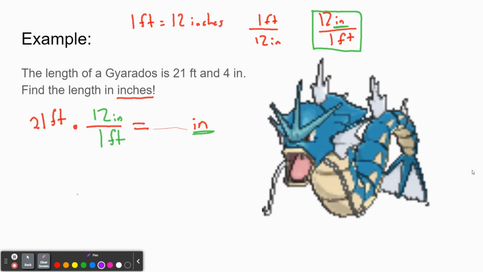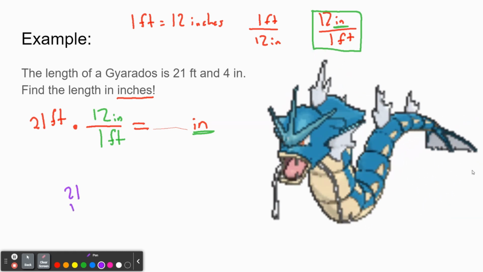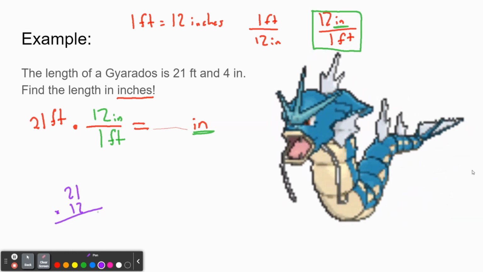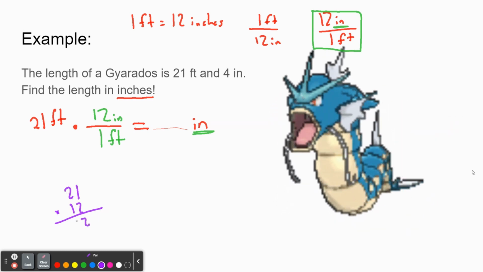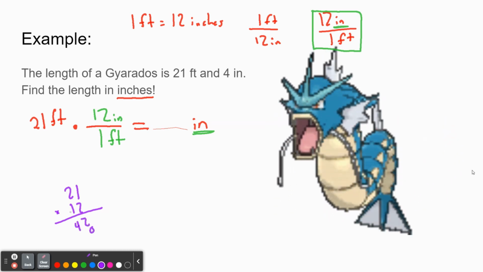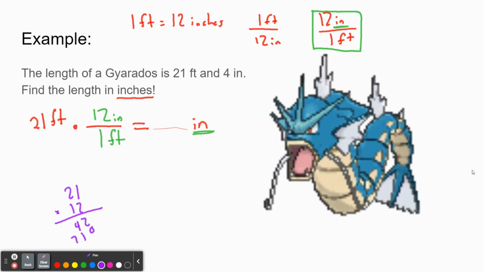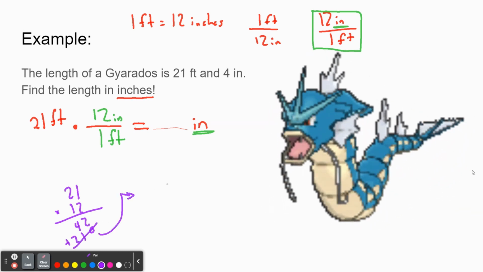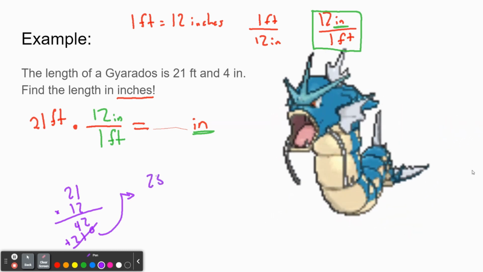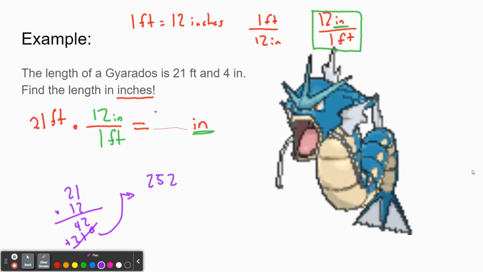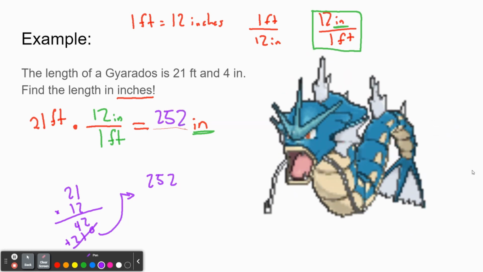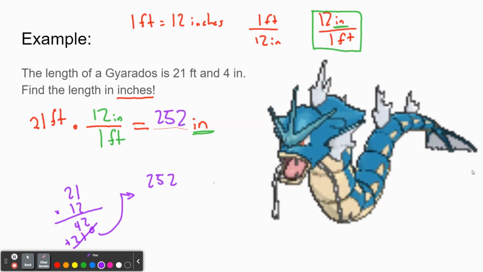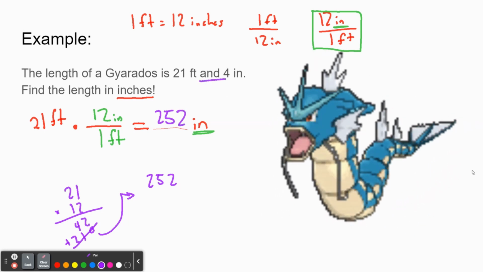So 21 times 12, I don't know what that is off the top of my head, so I'm going to have to do it the long way. 2 times 1 is 2, 2 times 2 is 4, 0, 1 times 1 is 1, times 2. We add these, and we end up writing it weirdly and sideways. We get 252 inches.